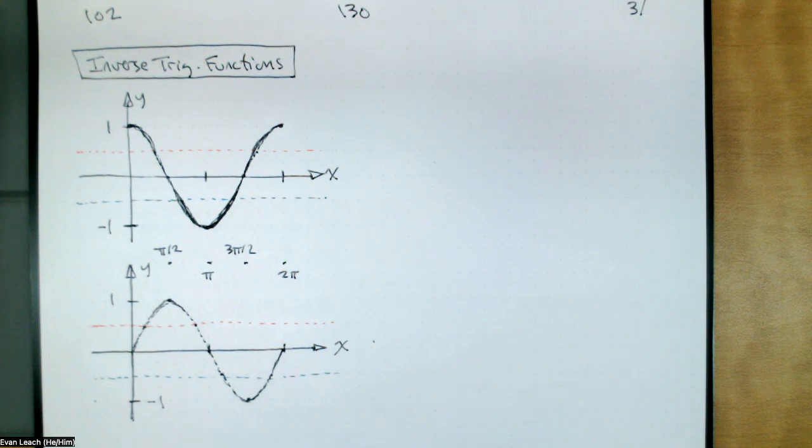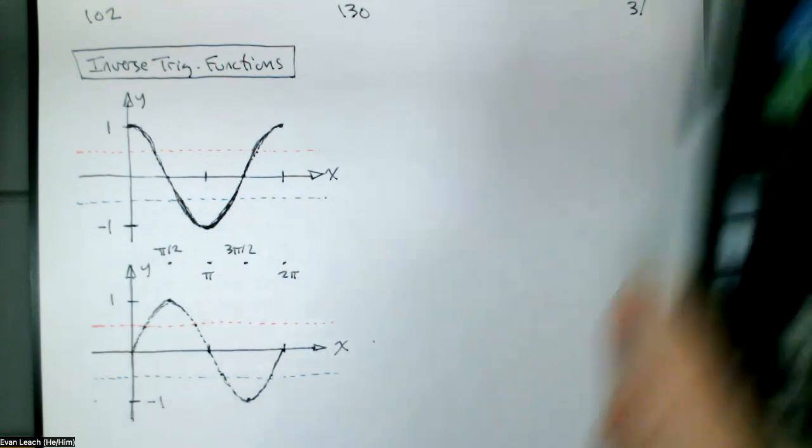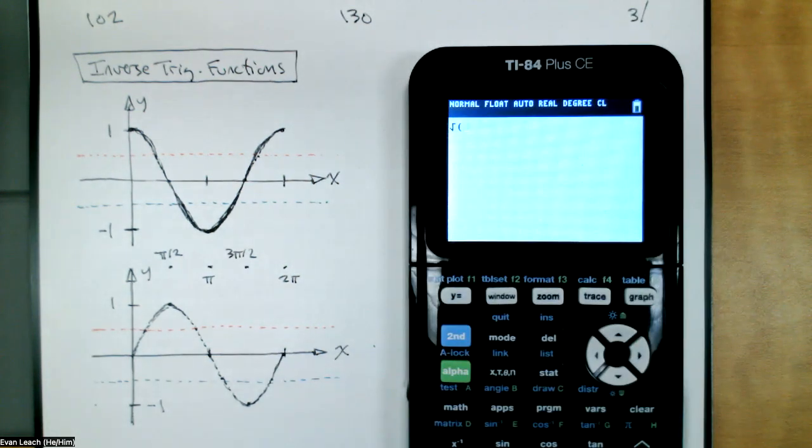There are 2 values of x that lead to 1 value of y. So x squared equals 4 has 2 solutions, +2 and -2. But when we ask the calculator what the square root of 4 is, it just tells us the +2. The calculator has to pick one to say this is the value.